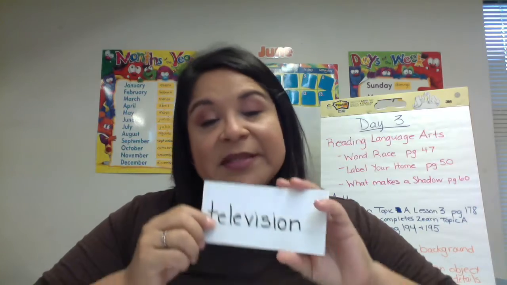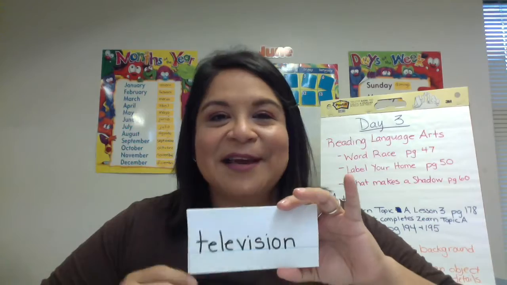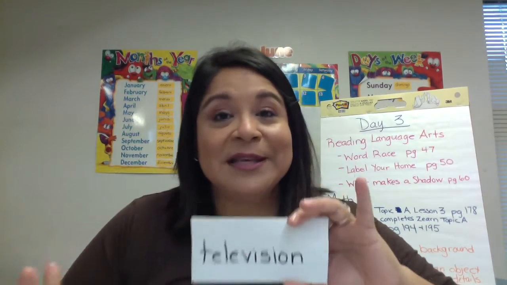Go around the house, taping them to the television or the toys so that they can make the connection that, oh, okay, that's a television. I used the whole entire word because I think it's important for them to know where TV came from. Like I said, I'll be doing this with my own child as well, so that she can start being able to read these types of words.